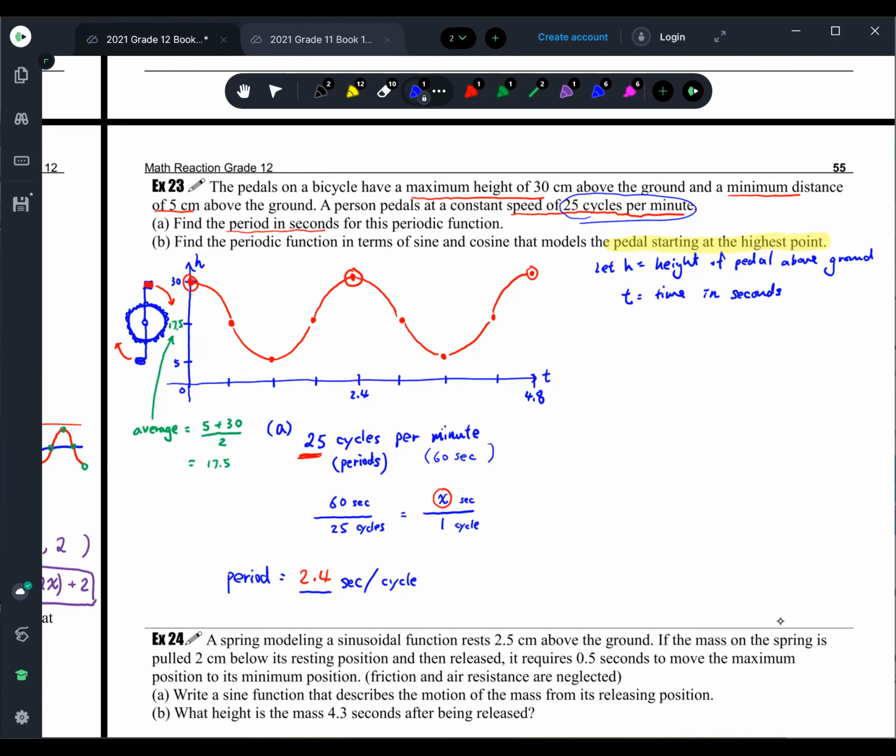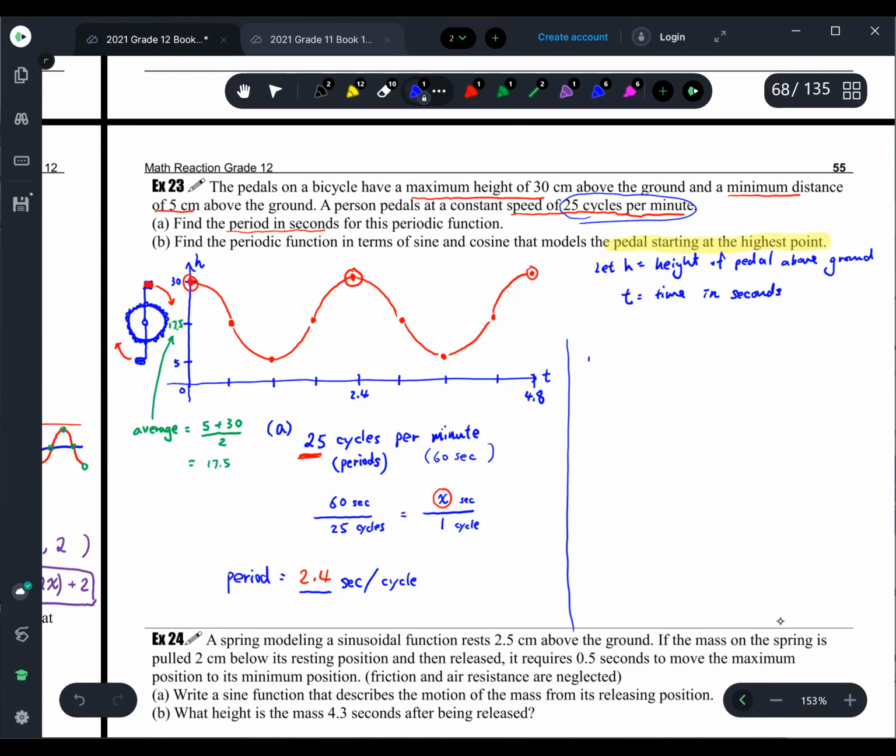We can move on to part B now. We want to find the sine function and the cosine function for this graph. So we have changed the story into your last lesson. Last time we learned how to go from the graph to the function. Just like in the homework, you can find the sine function and the cosine function.